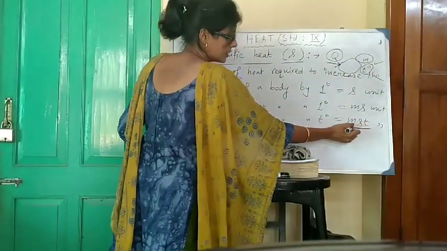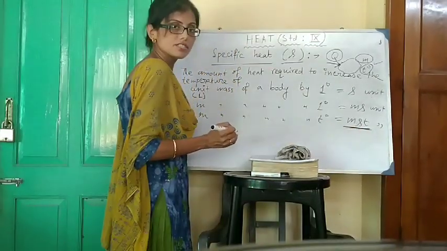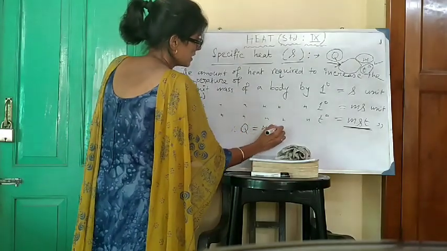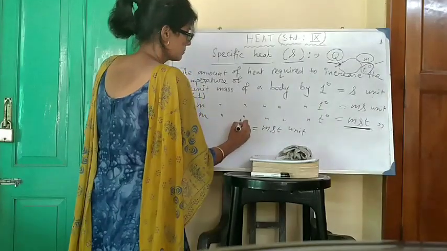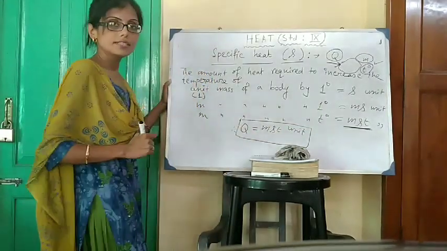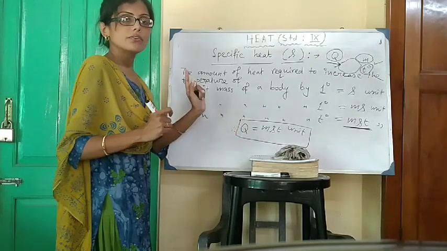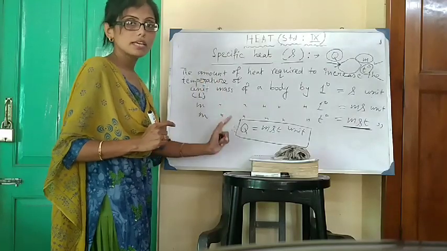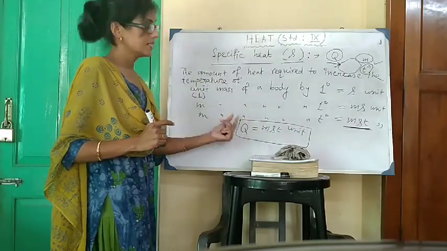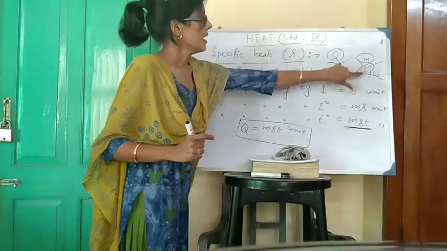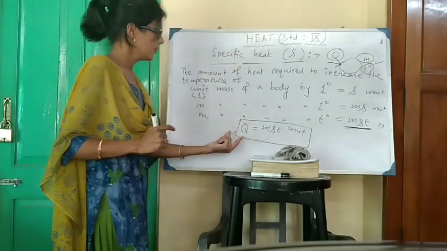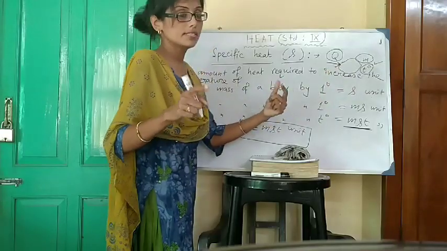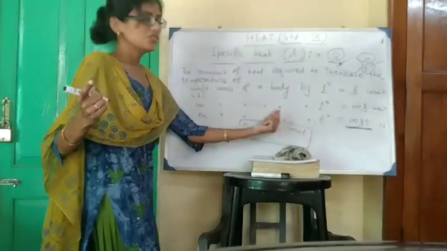After calculation we get that the same amount of heat is mst. Therefore Q is equal to mst unit. What is Q? The amount of heat required to increase the temperature of any arbitrary mass of the body by any arbitrary increase in temperature. Here the arbitrary mass is m, the arbitrary increase in temperature is T. So the amount of heat required to increase the temperature of m mass of the body by T degree is mst unit.